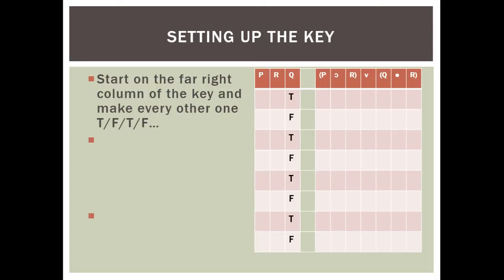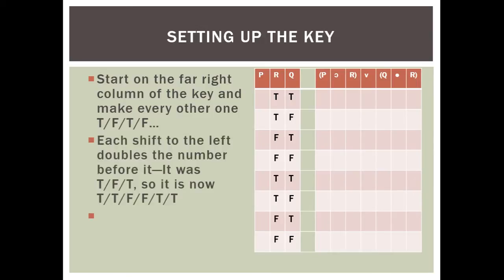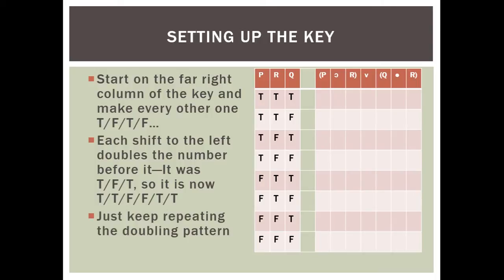Then every column shift to the left, you double the number before it. So from 1, 1, 1, 1, now you're at 2 trues and 2 falses, 2 trues and 2 falses. Shift left one more time, and it goes from 2, 2, 2, 2 to 4, 4, until it's filled up. So the second way just works on a pattern of doubling.